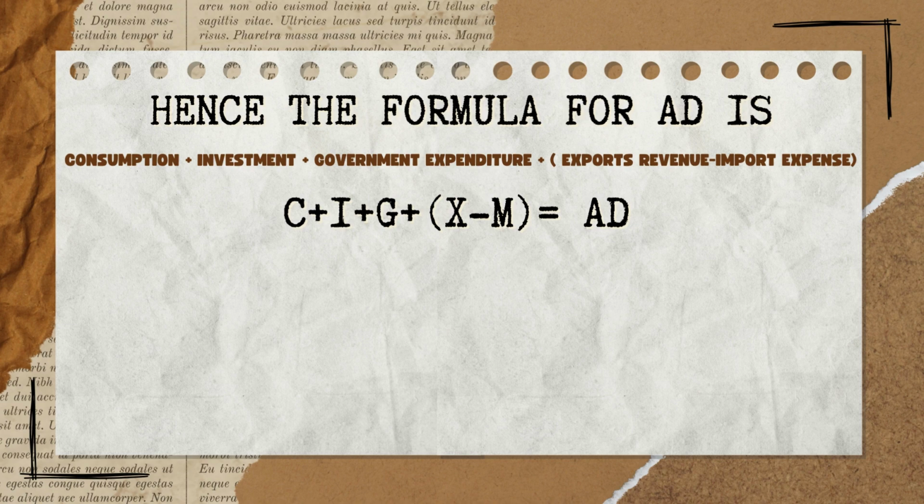In economics, we use the term X for export revenue and the term M for import expenditure. As you can see from the formula, these four stakeholders are the components of aggregate demand: consumers, investors, government, and the foreign market.